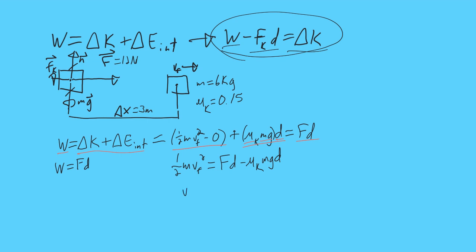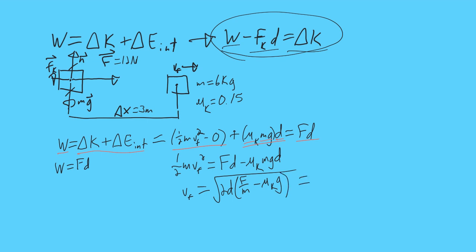And then the velocity final, once we solve, is going to be the square root of 2d times force over mass minus, masses cancel out here, so we get mu k and g.